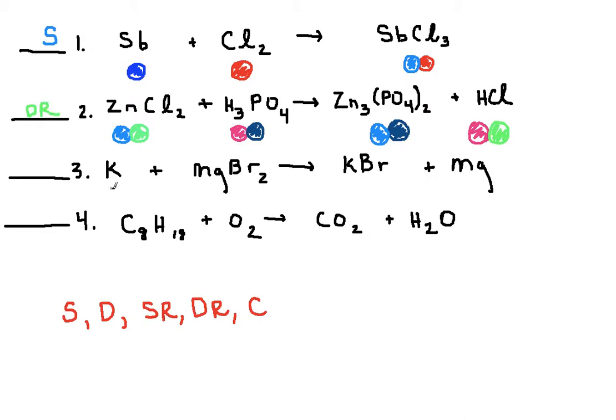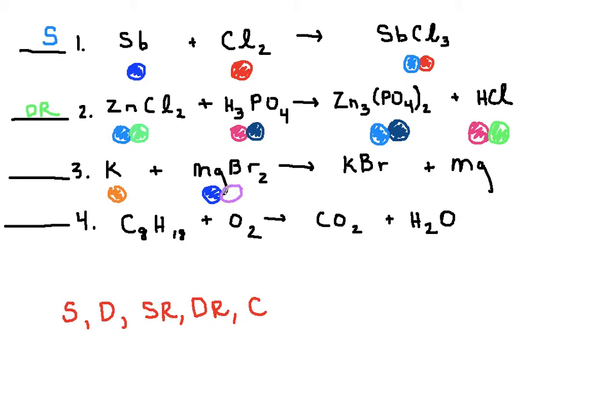In number 3, I have potassium, which is all by its lonesome. Oh, so sad. And then you've got magnesium, which is bound with bromine, Br. Okay.